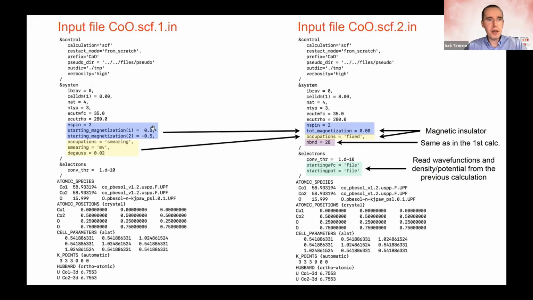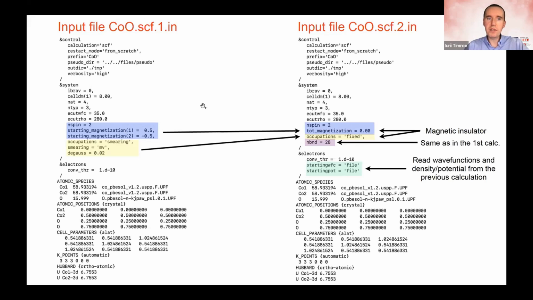Second, on the left, we have nspin 2, which is a spin polarized calculation. We use starting magnetization. On the right, we still perform a spin polarized calculation, but we don't use starting magnetization. Instead, we use total magnetization, which we know from the previous run.